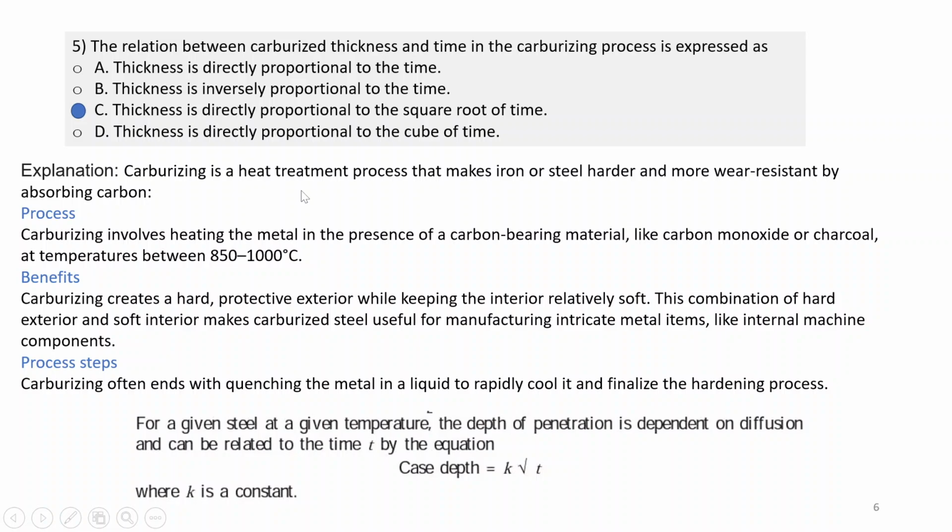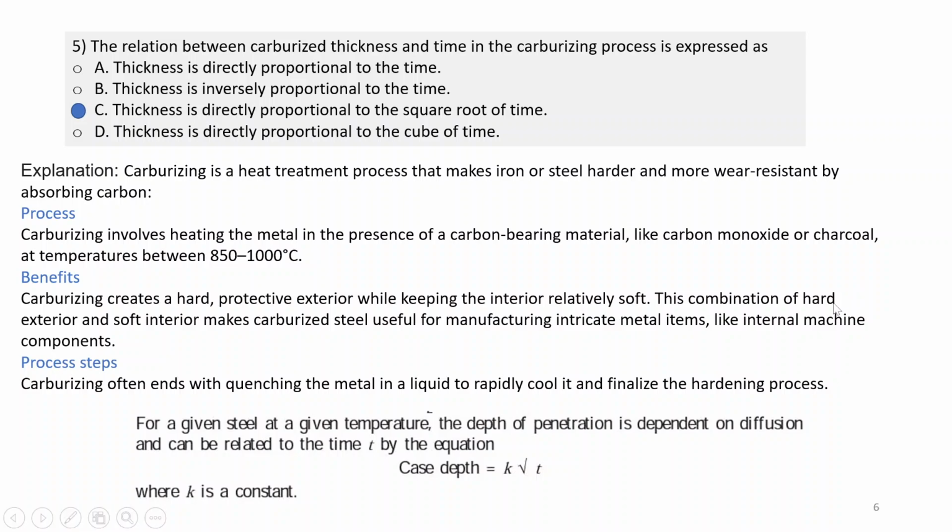So carburizing is a heat treatment process which makes iron or steel harder and more wear resistant by absorbing carbon. It involves heating the metal in the presence of carbon bearing material like carbon monoxide or charcoal at temperatures between 850 to 1000 degrees Celsius. Its benefits: carburizing creates a hard protective exterior while keeping the interior relatively soft.